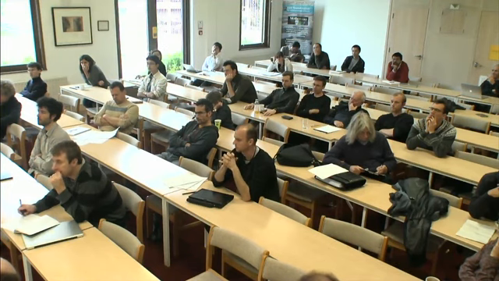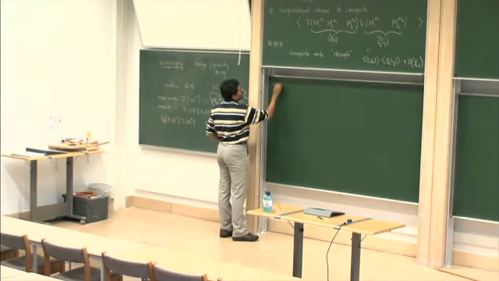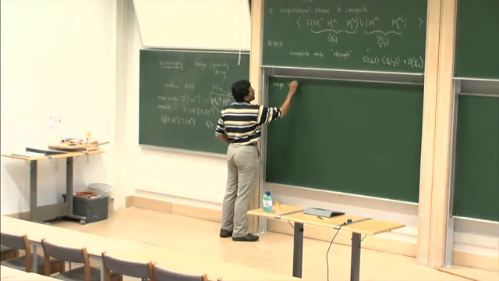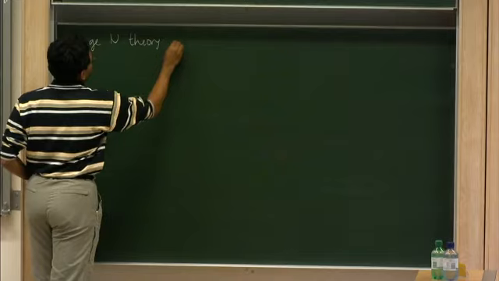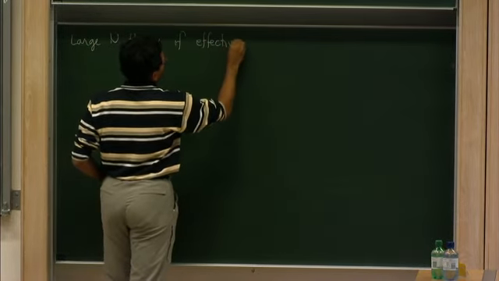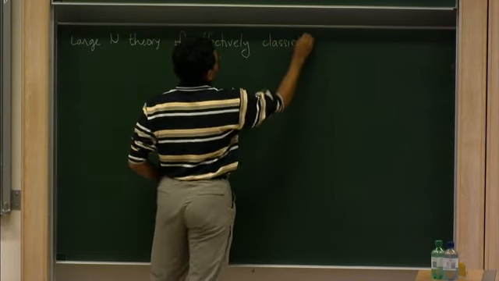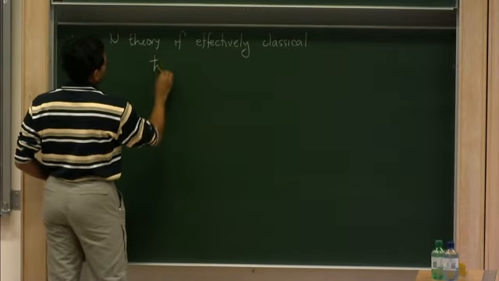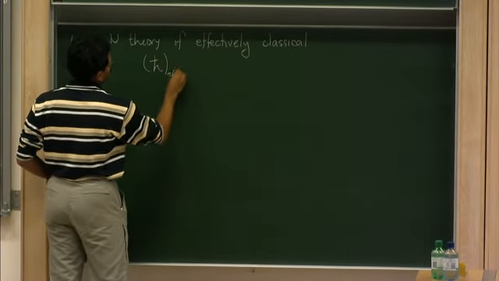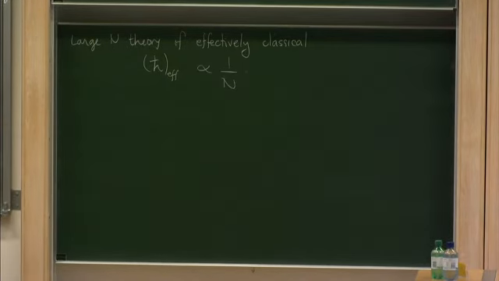So a better way to say it is that the large N theory is effectively classical, and the effective Planck's constant is proportional to 1 over N.